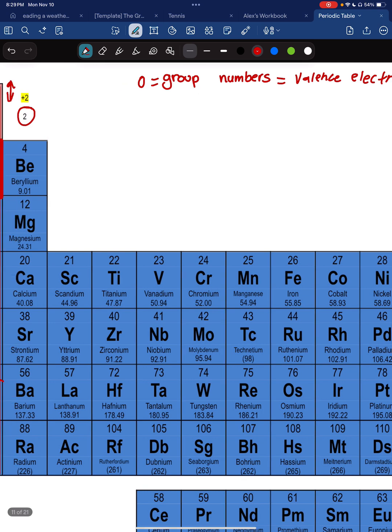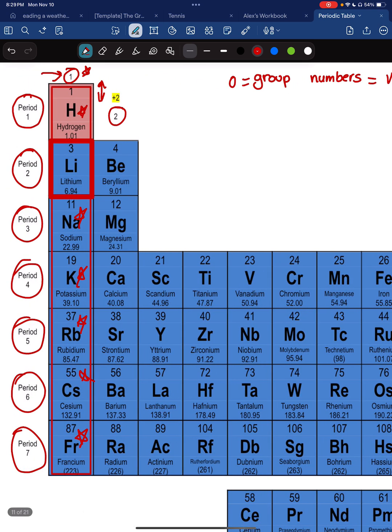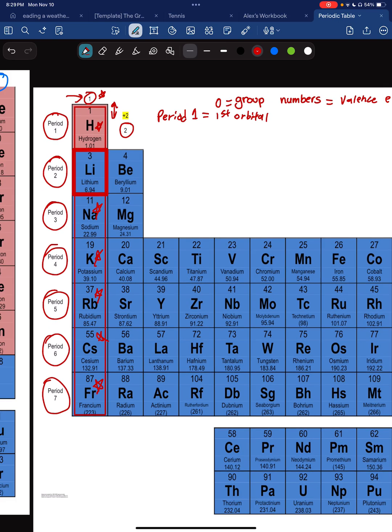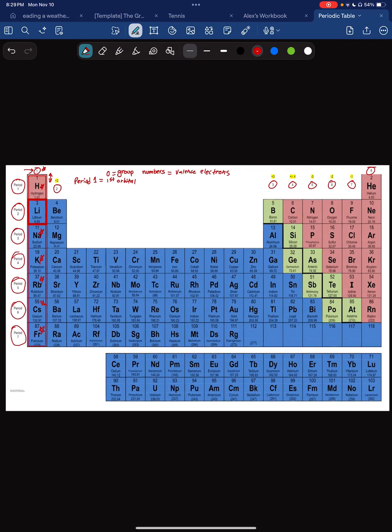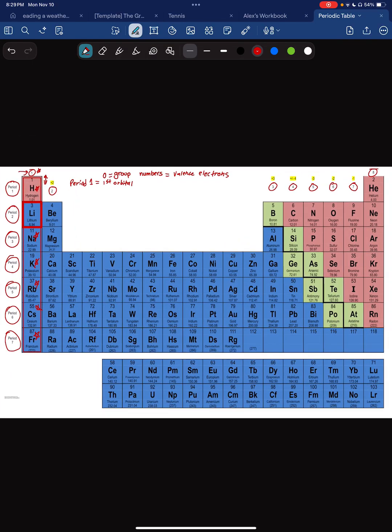For example, period 1 is your first orbital. If you're looking at period 1, we have hydrogen and we also have helium over here.